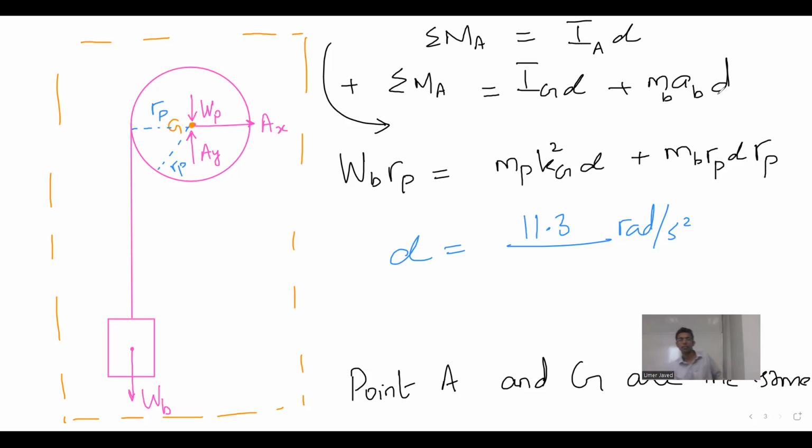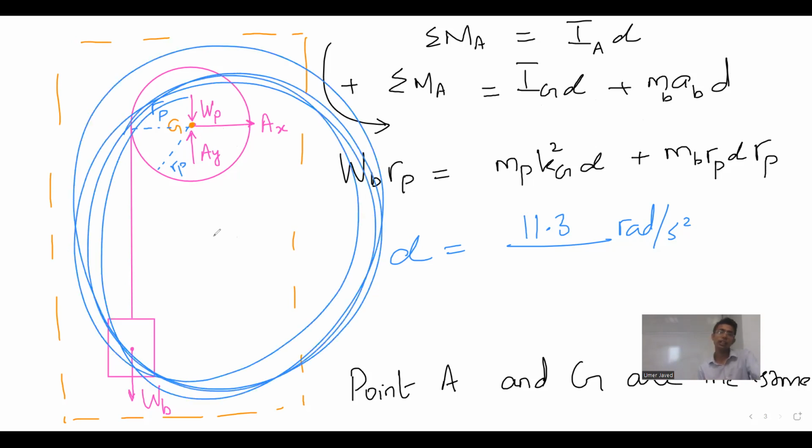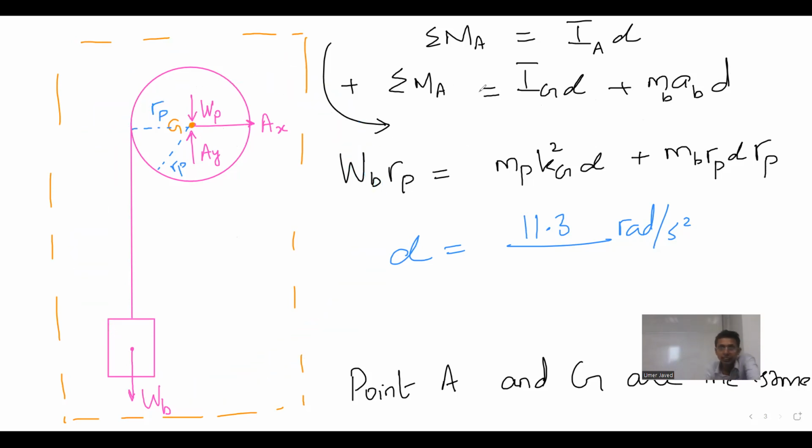Like this one, the fact that this thing is translating and then multiplying with the D will give us a moment, and Ig alpha is the moment of inertia about this point. So I will take your question. WBRP generates an anti-clockwise moment like this, and this gets expanded into two components, Ig alpha and MB ABD.